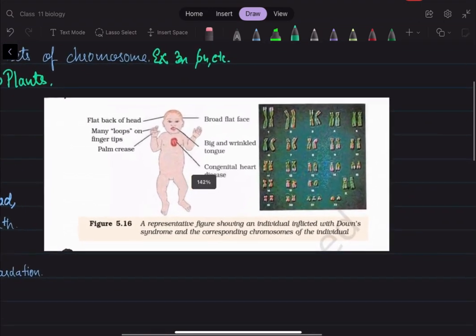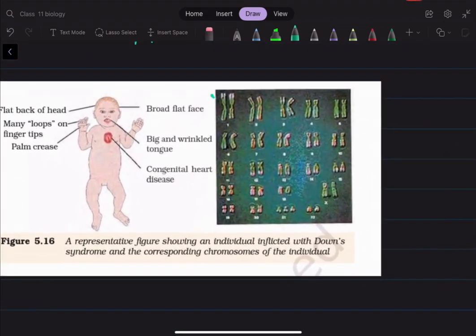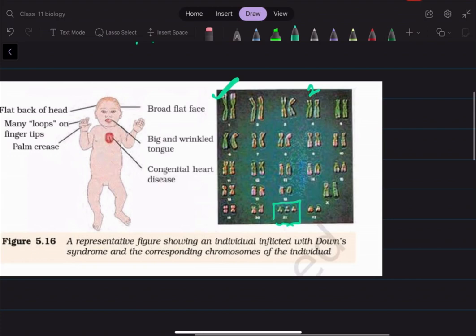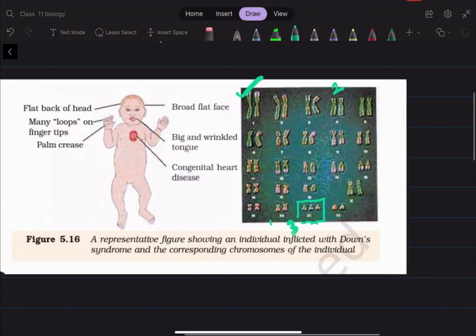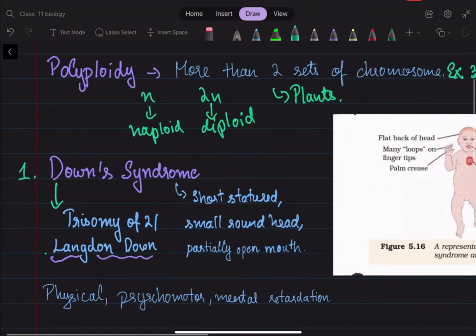If you see here, this is our karyotype. We see that the 21st chromosome, instead of having just two homologous chromosomes, has three. So it has one extra copy. That is why we call it trisomy of the 21st chromosome.